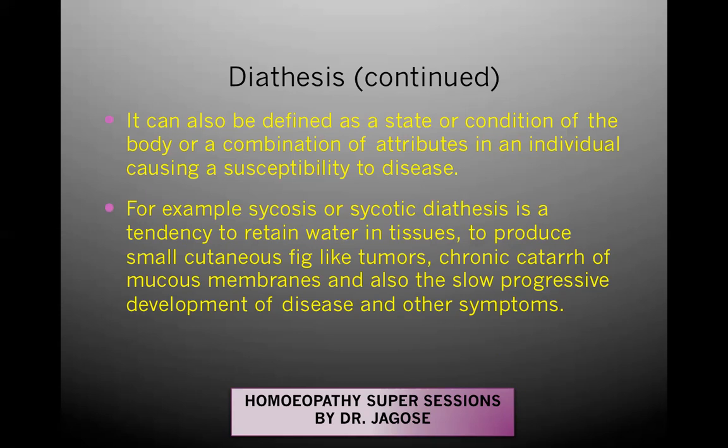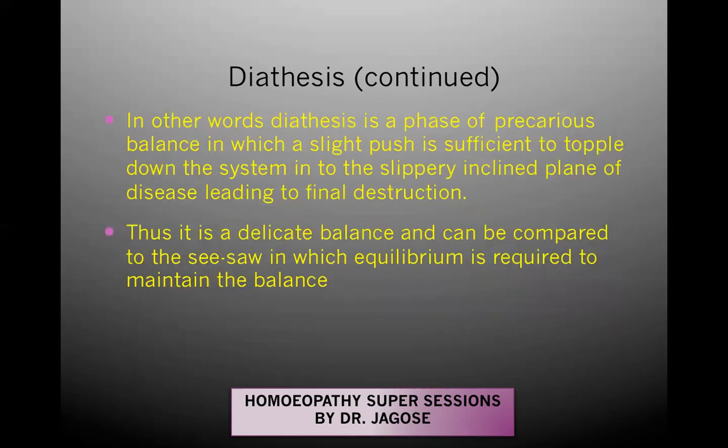The diathesis will not tell us the exact diagnosis of the disease, but will tell you that this person will be more prone to such and such a condition depending upon what miasm is in the background. In other words, diathesis is a phase of precarious balance in which a slight push is sufficient to topple the system down the slippery inclined plane of disease, leading to final destruction.